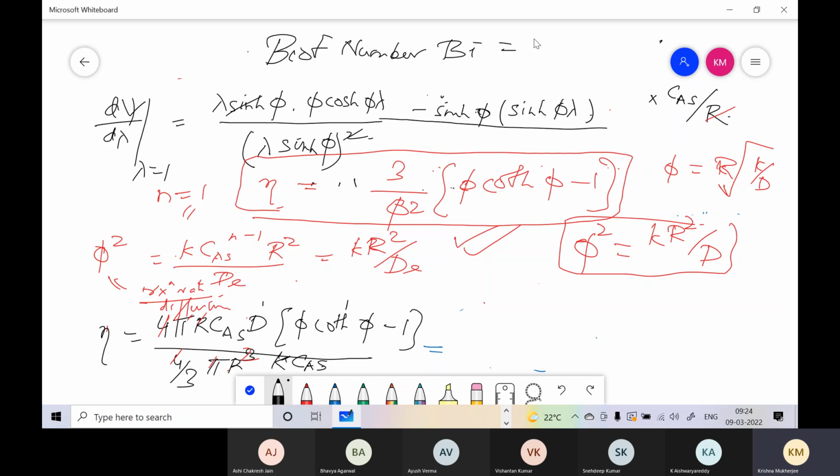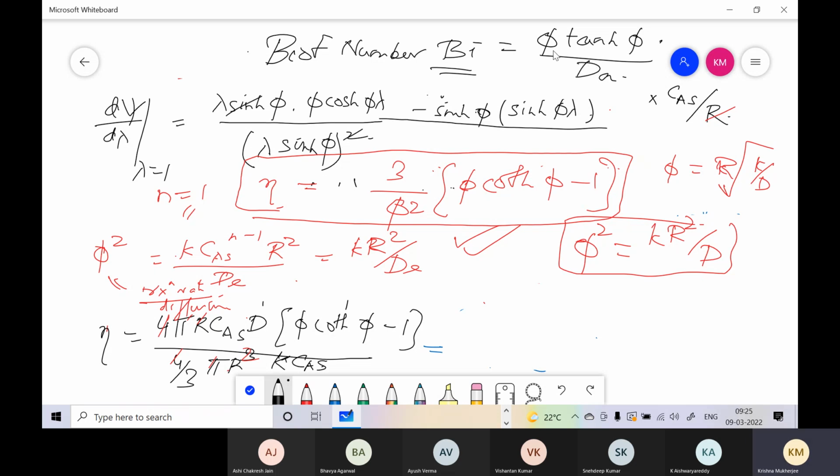Phi tan phi, I think, upon dA. Phi is a measure of the rate of reaction for internal diffusion, and dA is a measure of external diffusion. So depending on the Biot number, a dimensionless quantity, you can determine whether internal diffusion or external diffusion is rate controlling when both are present.